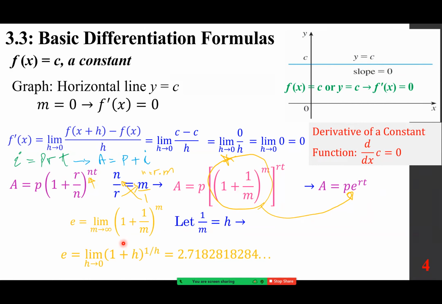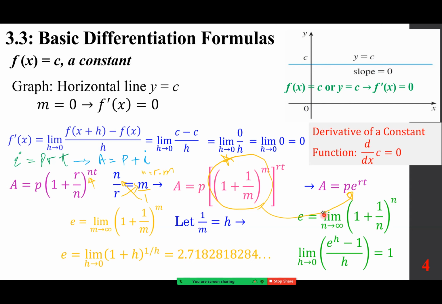And e is not a missing value. It's been found to be an irrational number like pi, that it continues indefinitely, 2.7182818, and it continues indefinitely. So we have this definition. And again, as I mentioned, you can use any variable here.